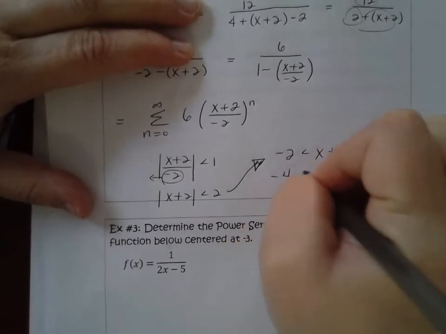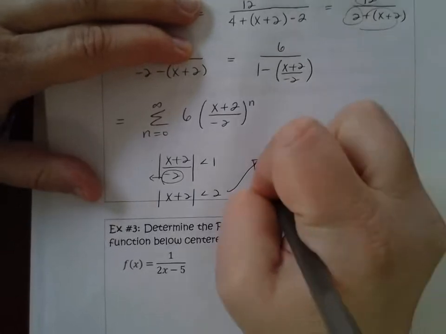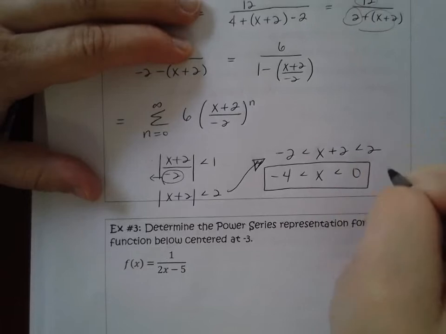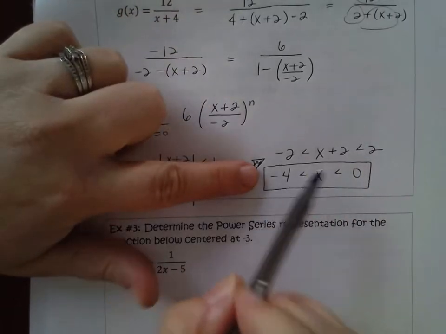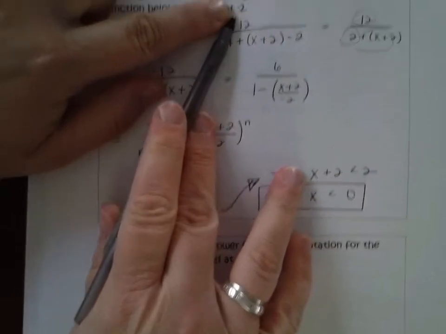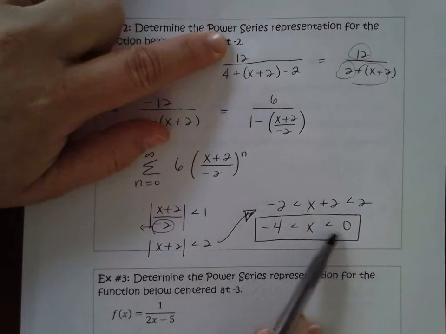Subtract 2 on both sides, and you end up with an interval of convergence of -4 to 0. A good check to make sure you did it correctly is that your center point, -2, should be exactly in the middle of your 2 endpoints, and it is.